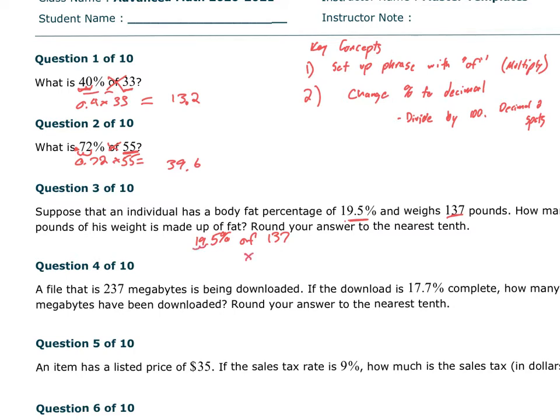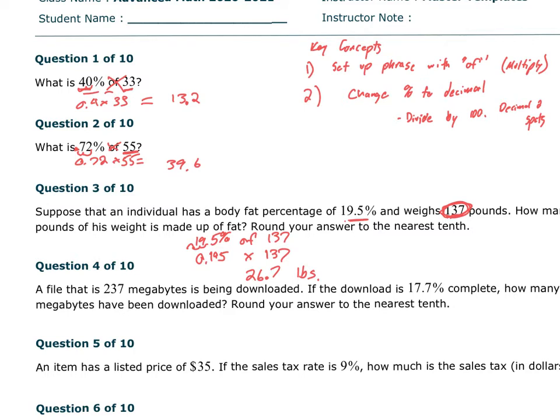We're going to divide by 100 to turn it to a decimal. 0.195 times 137, which will give you, let's say you think it's 267 pounds. That does not make sense. He can't have 267 pounds of fat if he only weighs 137. So it's actually 26.7 pounds. That would make more sense.